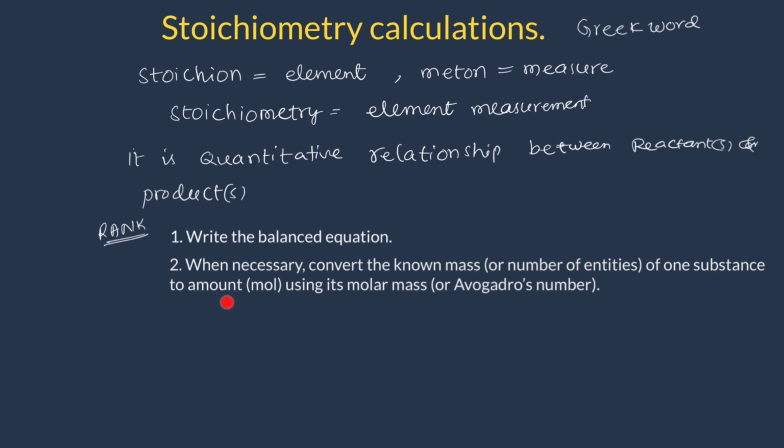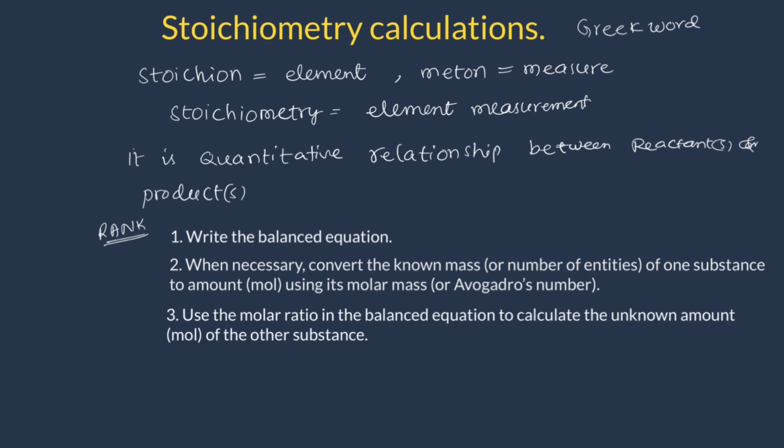Then convert into amount, meaning mole, using its molar mass. Whichever mass is given, use that compound's molar mass to convert to moles. If entities are given, use the Avogadro number and convert into moles. That is the second point.